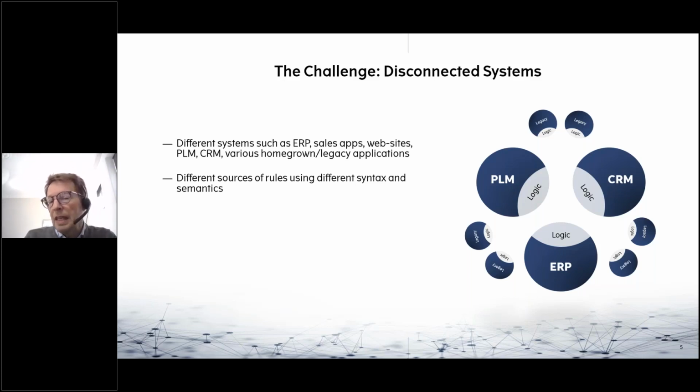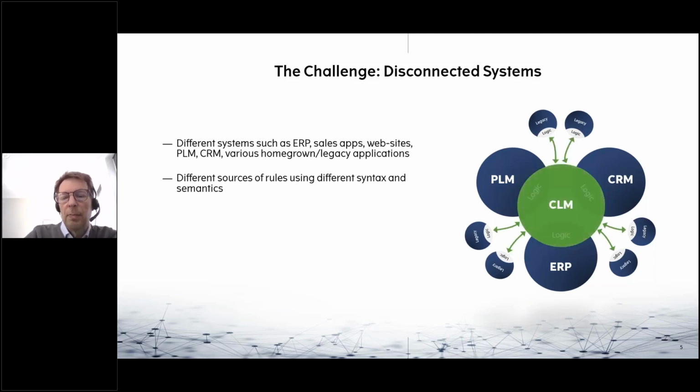And so they each have their own view tailored to each of the perspectives, whether it's engineering, sales, or manufacturing. And CLM is really about bringing these different views into one combined, consistent view so that you get the combined effect of all these types of rules.